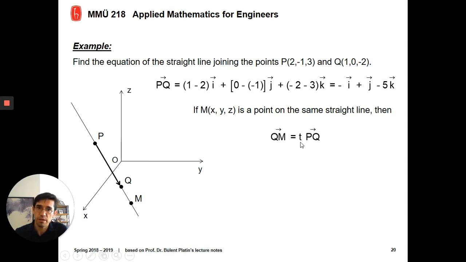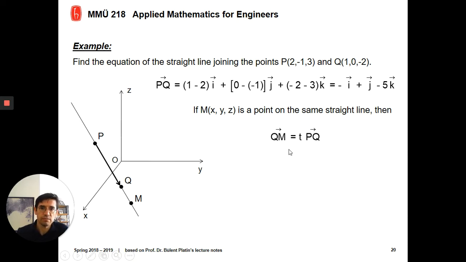I multiply by the t, and then I can define a new generic point M, and I could be looking at the QM vector, which is actually the position vector M minus position vector Q.